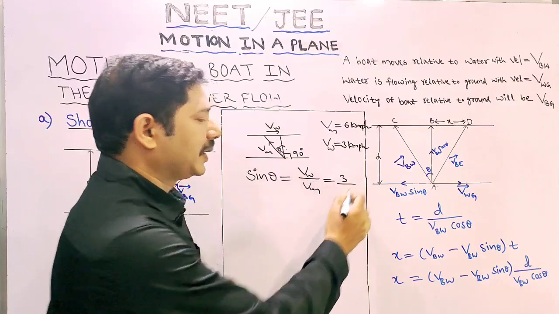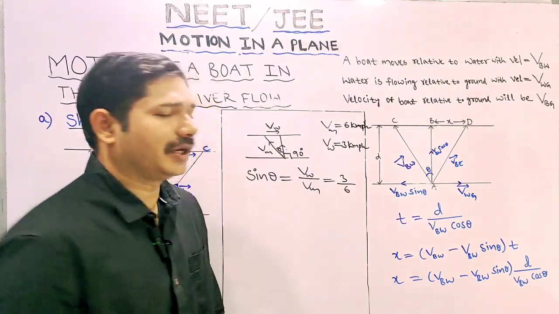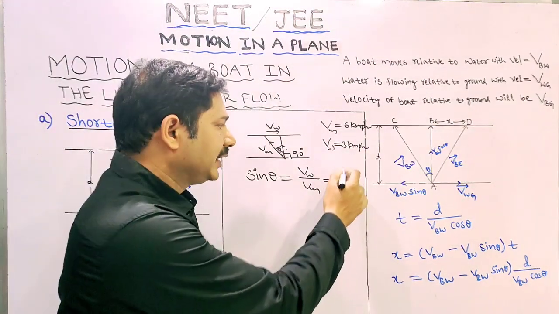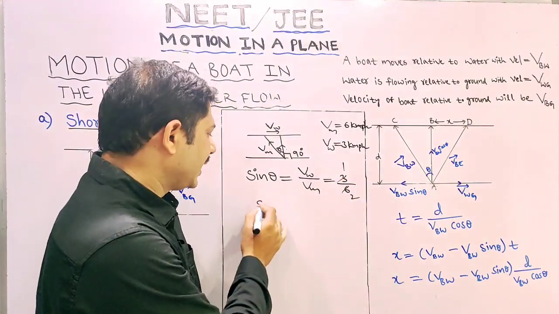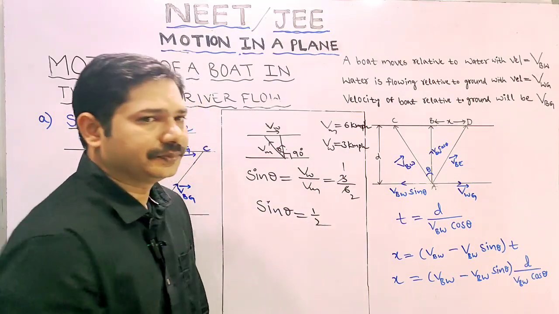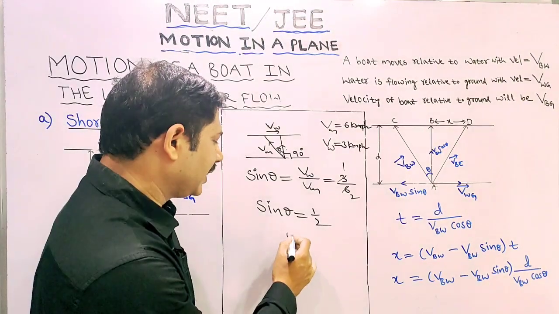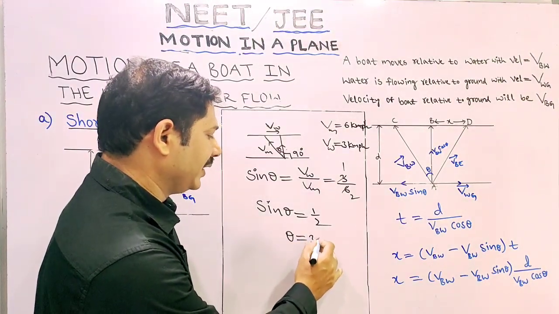So 3 kilometers per hour, and the man's speed is 6 kilometers per hour. So 3 by 6, sin theta equals 1 by 2. When do we get 1 by 2 for the sine function? Theta equals 30 degrees.